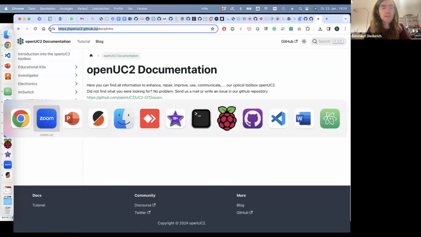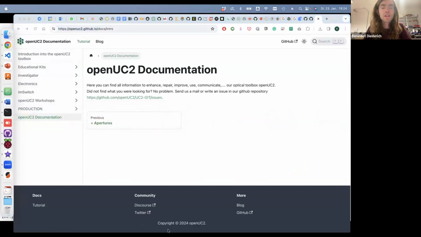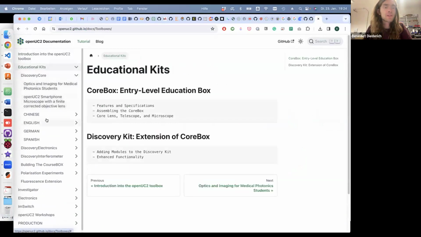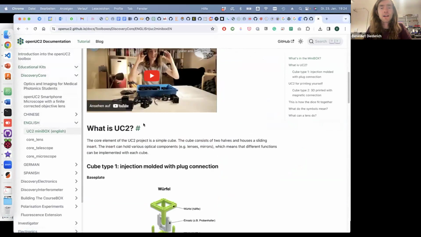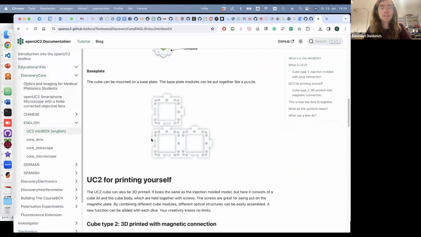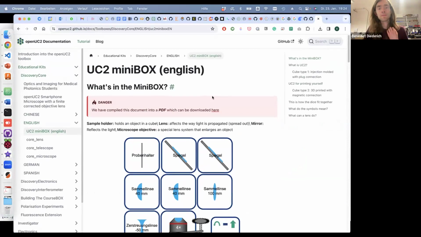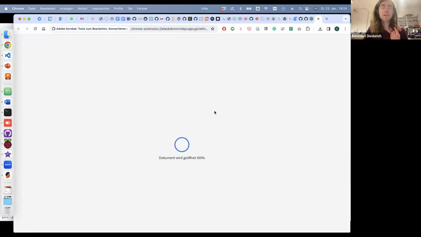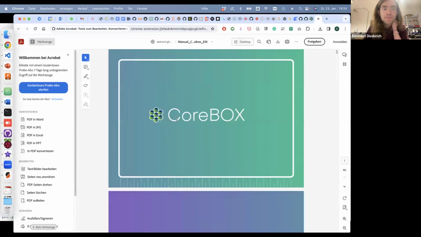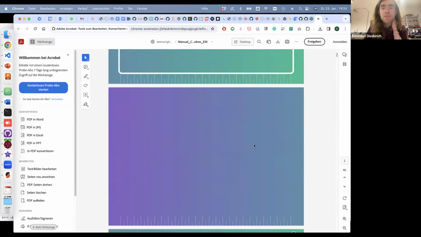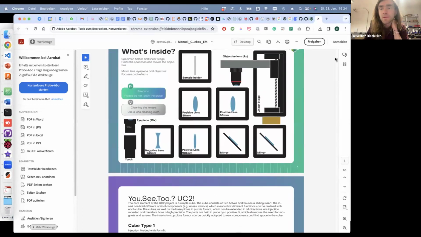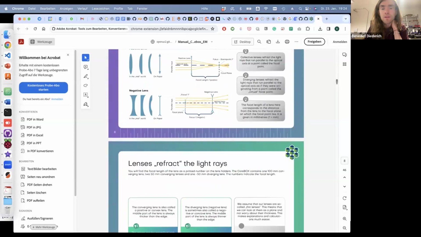Just sharing that link quickly for those who are interested, in the chat here. And then under educational kits, Discovery Core, and then English, you see some videos and the way it's being constructed, but the more updated version is in the PDF. And then you see the explanation again of the different tools, like what is the lens, what is the mirror, and how they belong together.